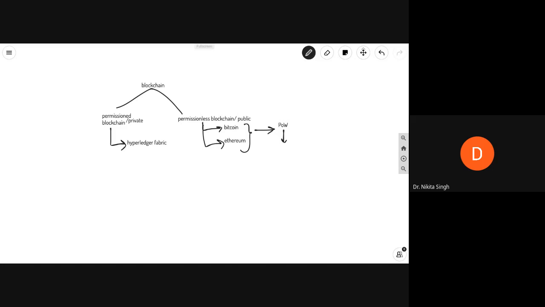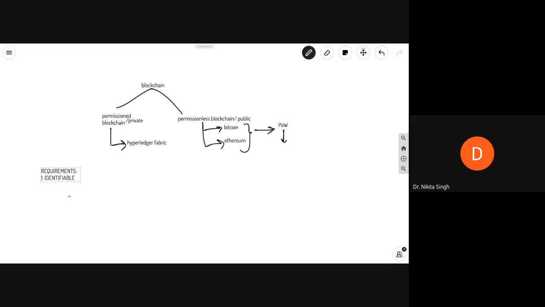So what Hyperledger Fabric did was, they needed to have certain requirements in order to develop a blockchain. So the requirements were that the participant must be identifiable. Why must the participant be identifiable?